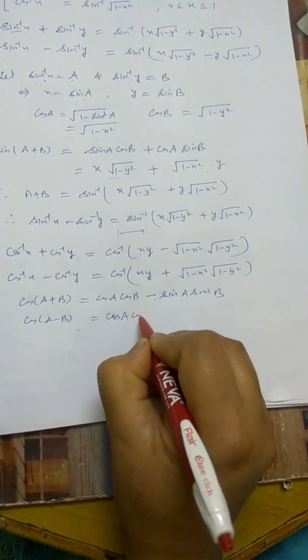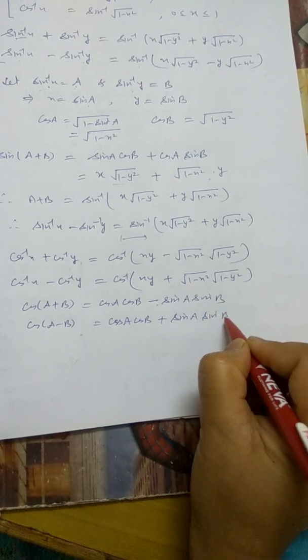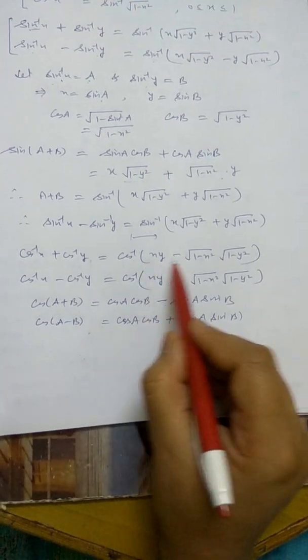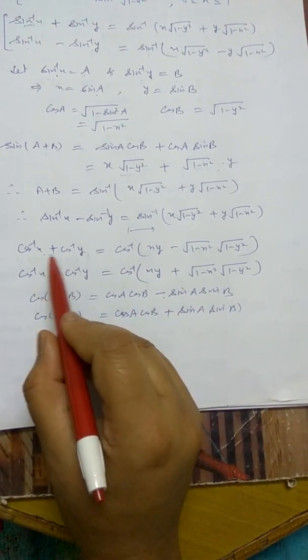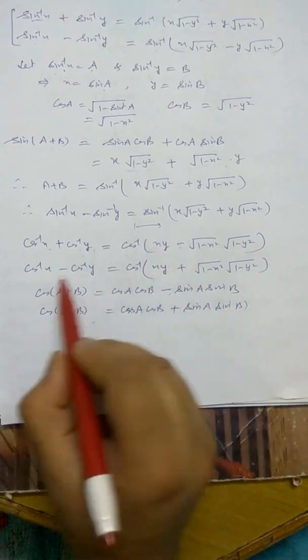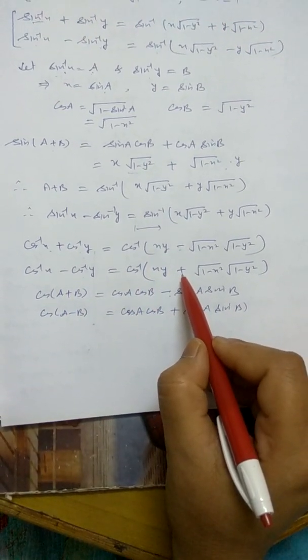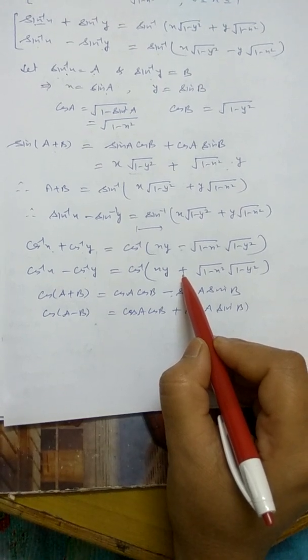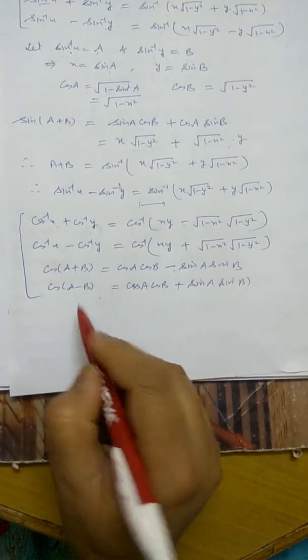That means cos A cos B plus sin A sin B. And that's why we have the opposite sign. In cos inverse x plus cos inverse y, we have a negative sign between them, and in cos inverse x minus cos inverse y, we have a positive sign. Is it clear? We can prove it very easily.